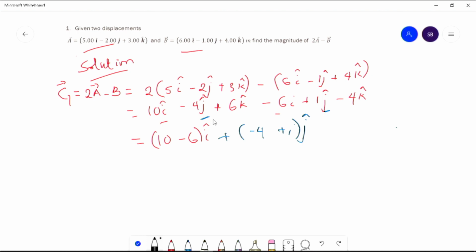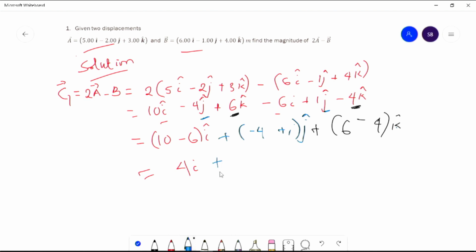Now we have collected the like terms for j. So let's do it for k now. For k, we have 6 minus 4, then we have our k. This gives us 10 minus 6, which is 4i.